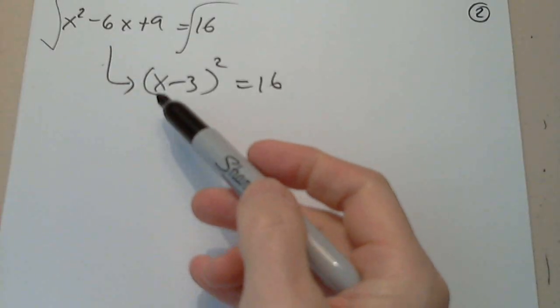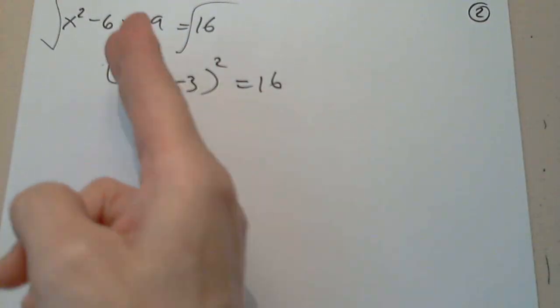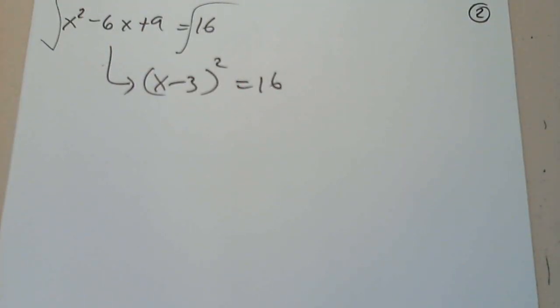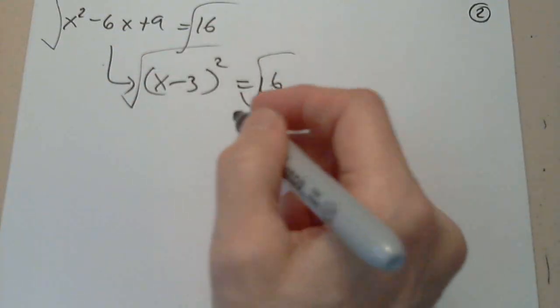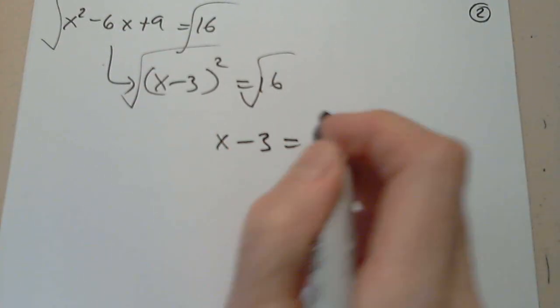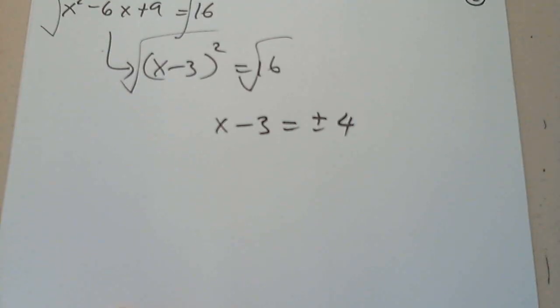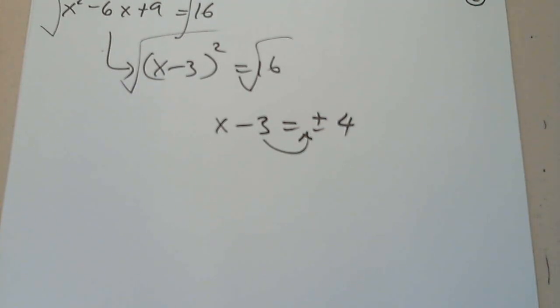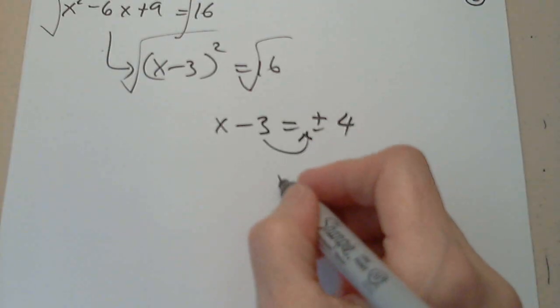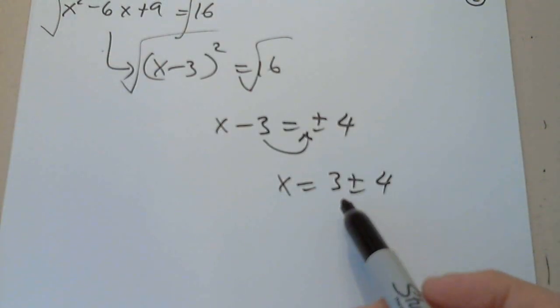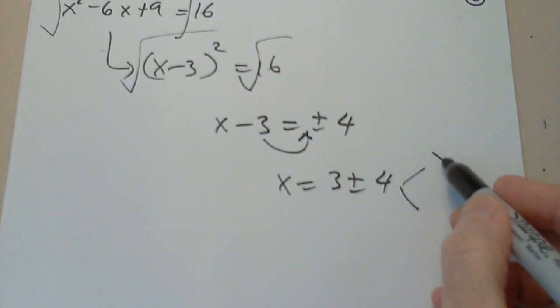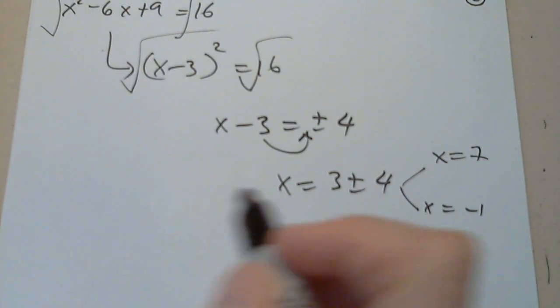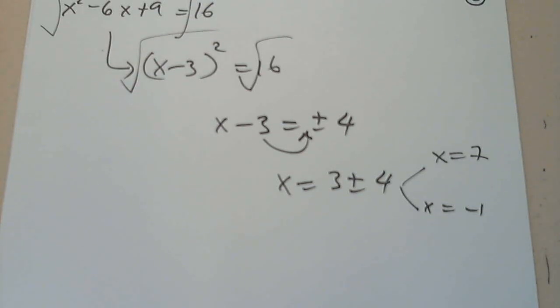And how do I know? Because it's x squared minus 2 times the first times the second plus the second term squared. Only now you can take the square root and get x minus 3 equals plus or minus 4. And negative 3 has to be appropriately inserted in front of the plus or minus. So x equals 3 plus or minus 4. So we have 7 and minus 1. Do not attempt to take the square root from a sum of terms.